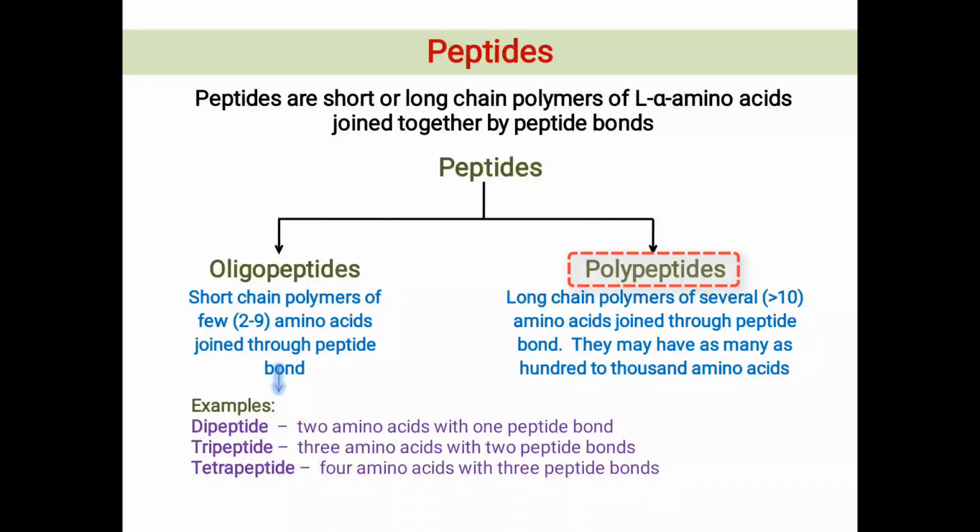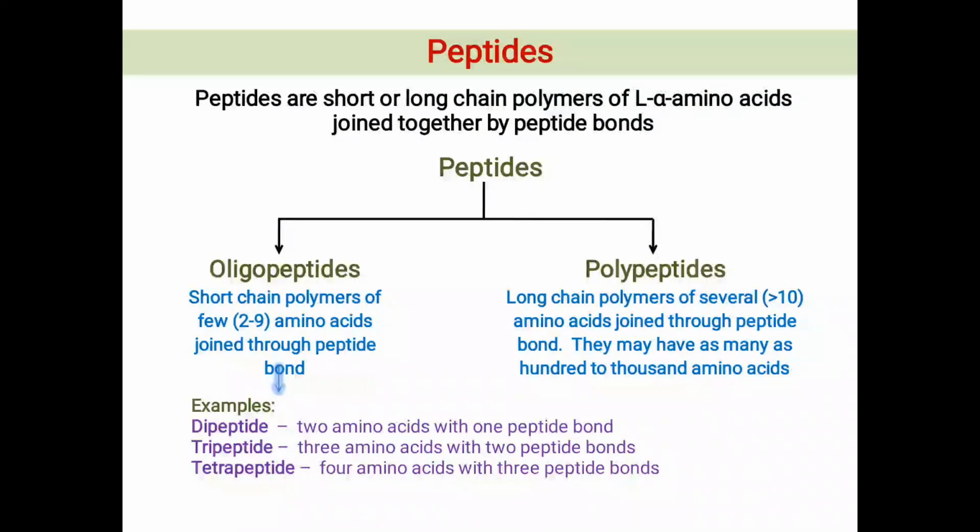The next category is polypeptide. Polypeptides are long chain polymers of several amino acids joined together through peptide bonds. Several means they may have hundreds to thousands of amino acids, so there will be 100 to 1000 amino acid residues in a polypeptide. So, you can say peptides are short or long chain polymers of L alpha amino acids joined together by peptide bonds.